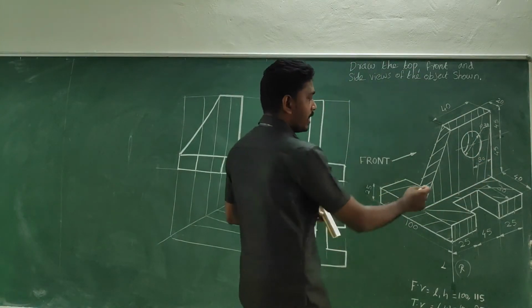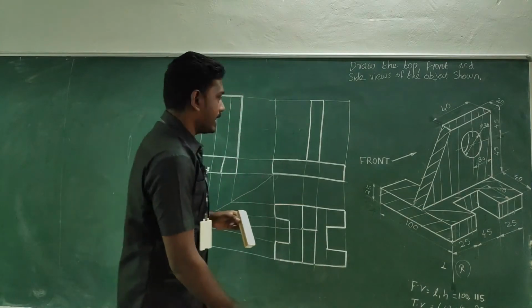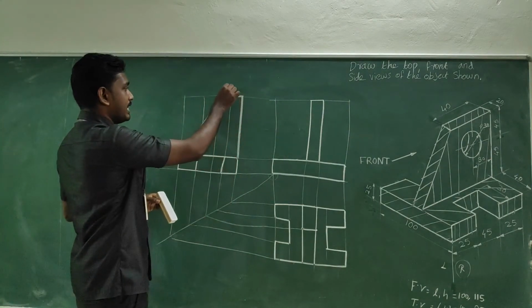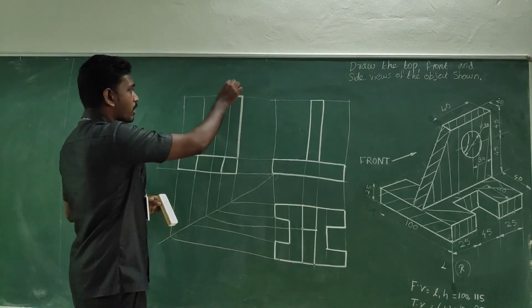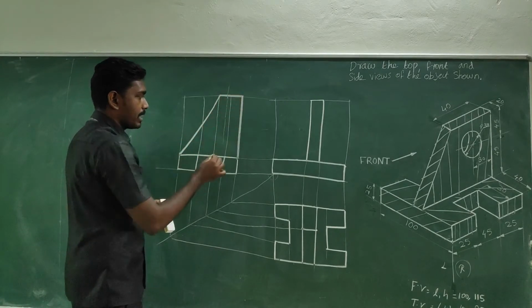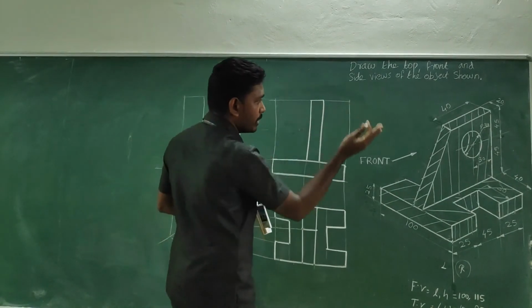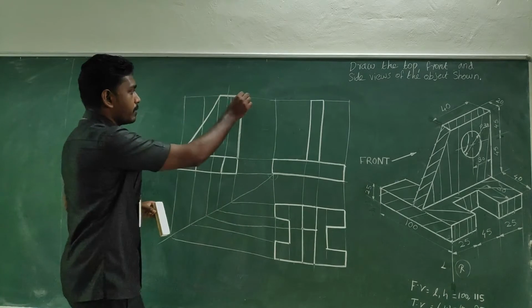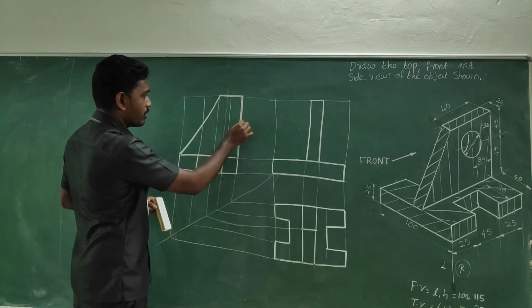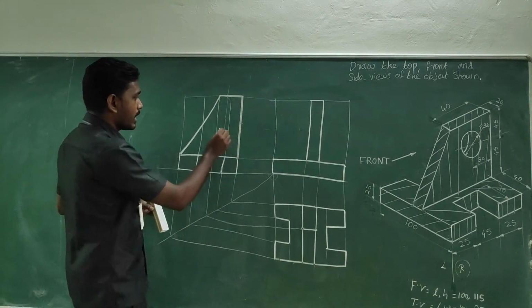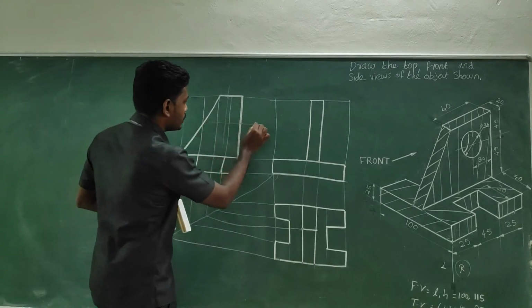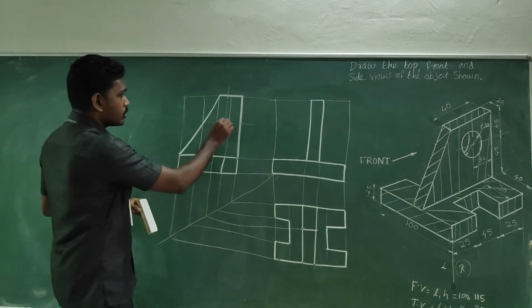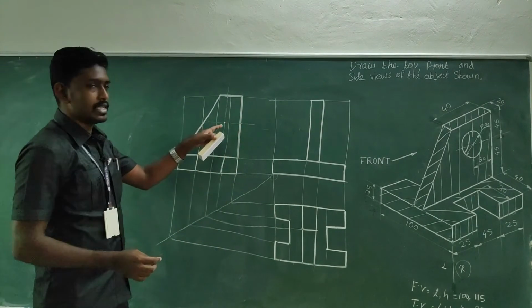From the top 45, from this end 30. So from this measure 30 and mark it off and go for a vertical line like this, and then from the top measure 45 and mark it and go for a horizontal line through that line, so that we are able to get the center.